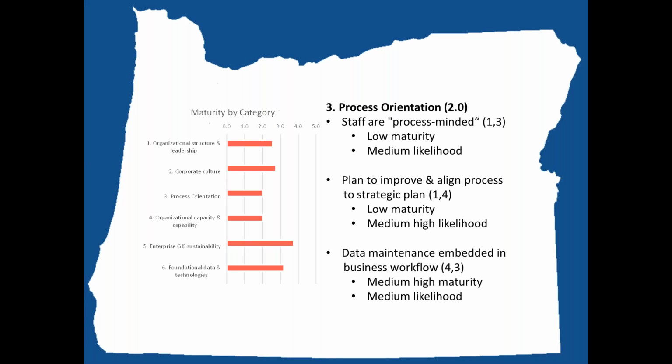So I think one of my key areas, or for me anyway, is the process orientation. One of the things we really recognize is our GIS strategic plan is very dated. It actually predates most of our current staff and our leadership. But right now we're starting a new initiative for a new GIS strategic business plan, and that's getting underway now.